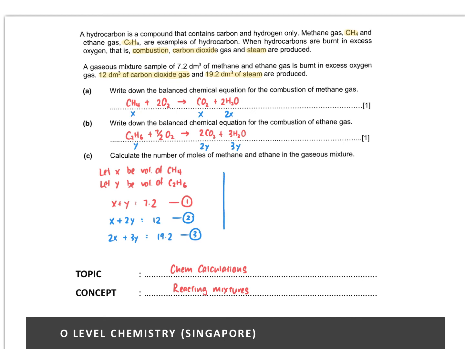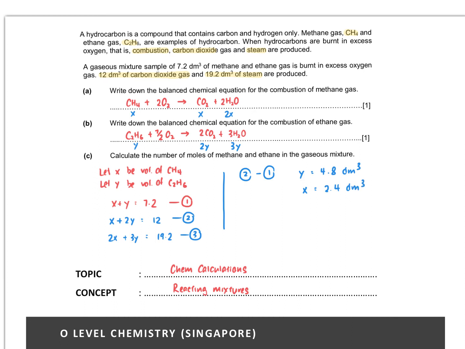For example, if we take 2 minus 1, we will end up with Y equals 4.8 dm cubed. And with that we can find that X is 2.4 dm cubed.